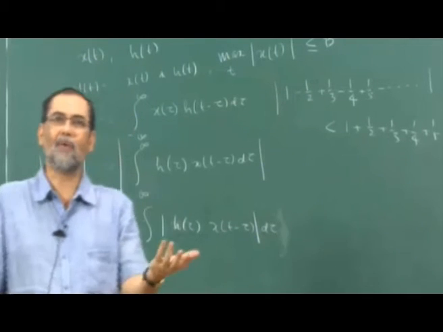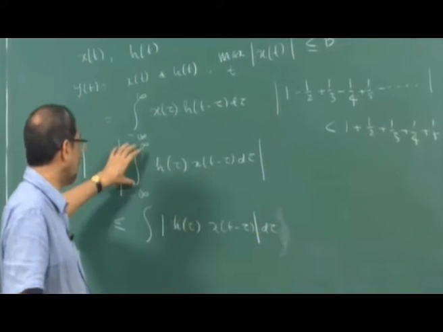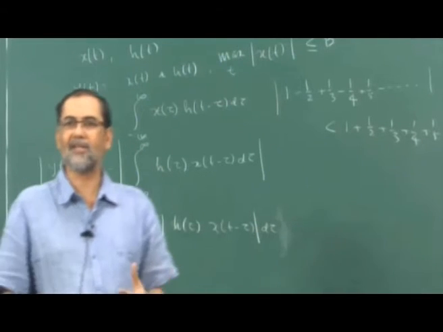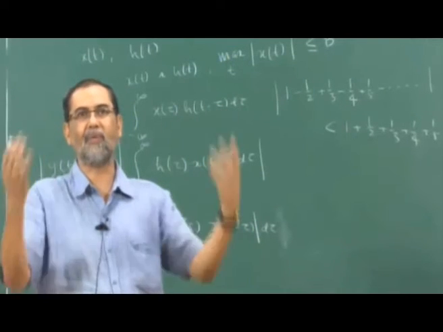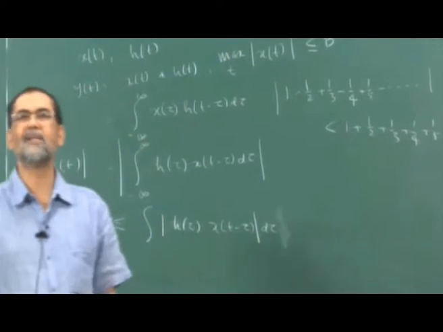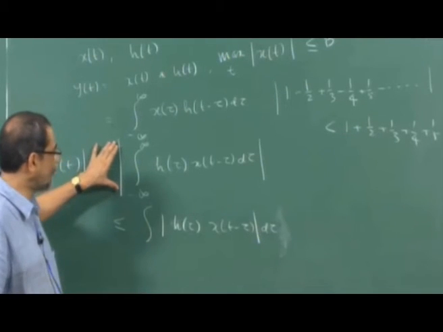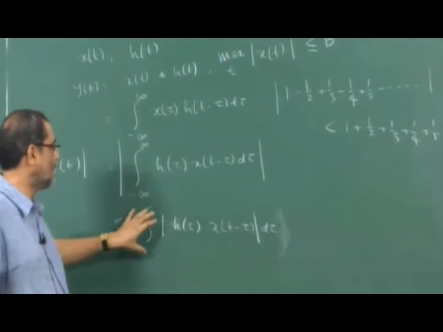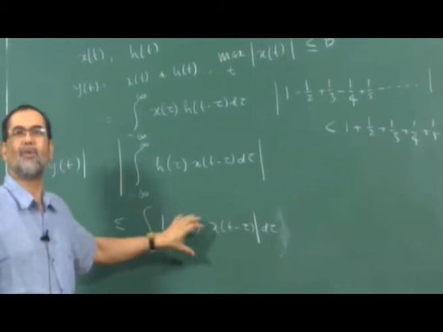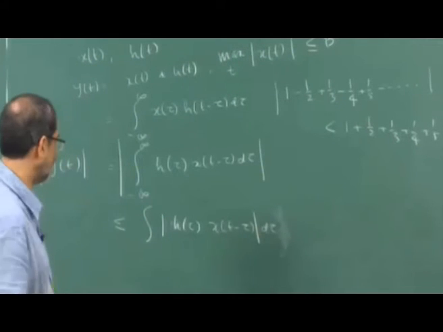Otherwise, some can be positive, some negative. Integration is isomorphic with summation; from calculus, we know they are similar operations. So the absolute value of the integration is less than or equal to the integration of absolute values. If there are questions, I'll take them after the break.